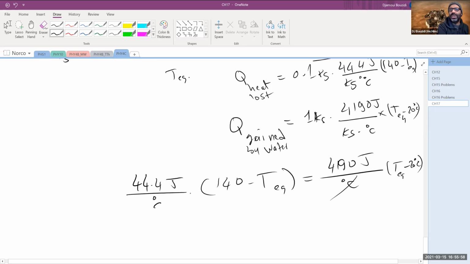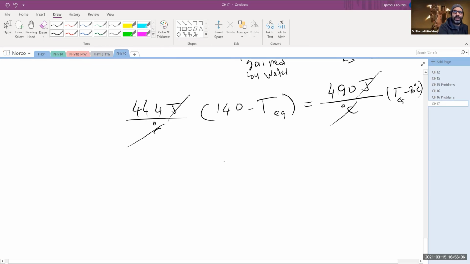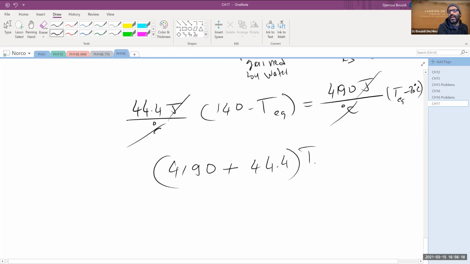If I solve this equation, I will end up with an equation for T equilibrium. T equilibrium is going to be 4,190 plus 44.4, since I took this side to the other one, so it became a plus.